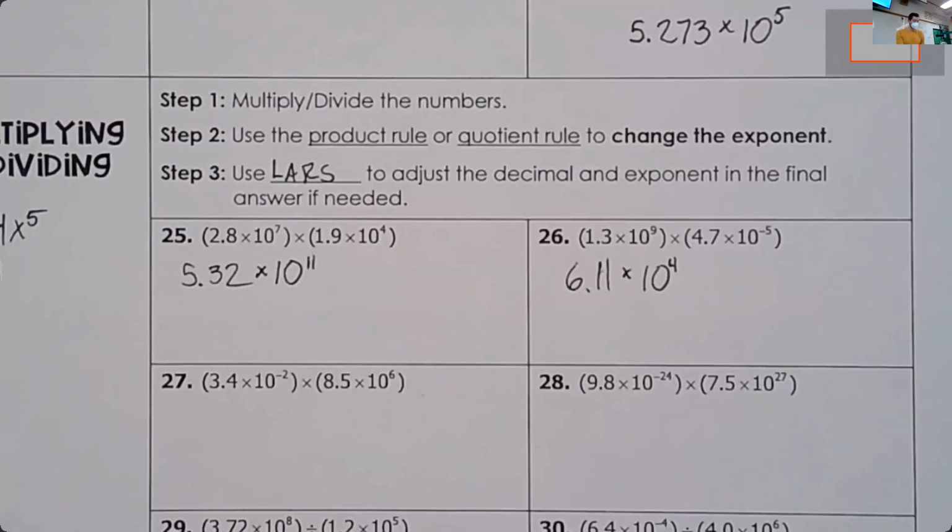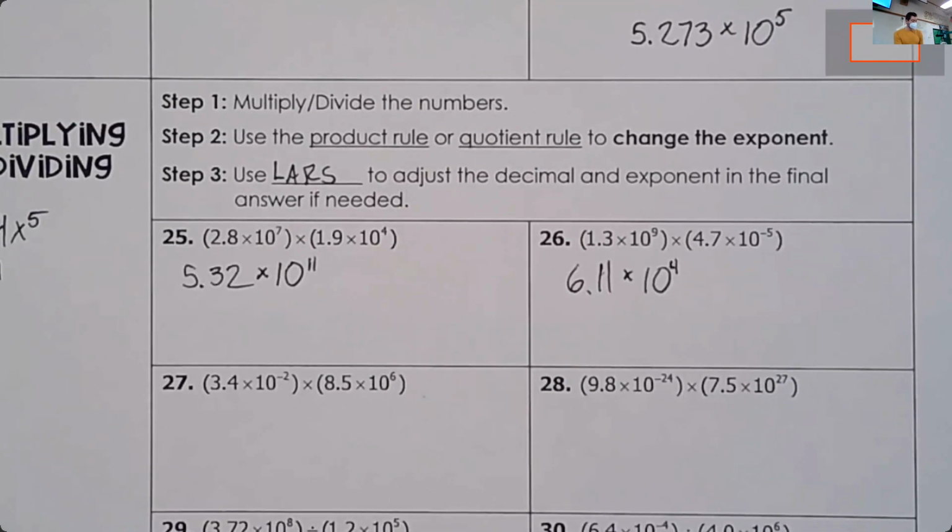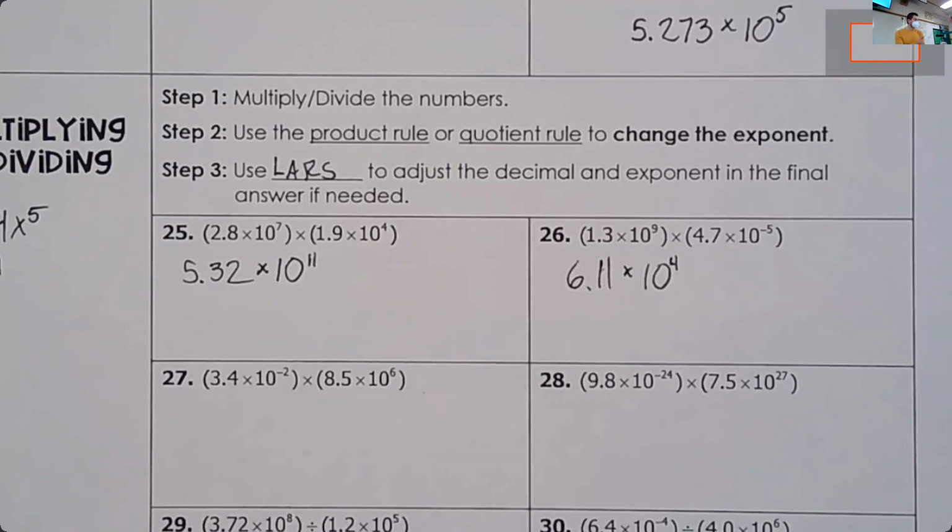So 27, 3.4 times 10 to the negative second times 8.5 times 10 to the sixth power. All right, what's 3.4 times 8.5? Somebody plug that in real quick.